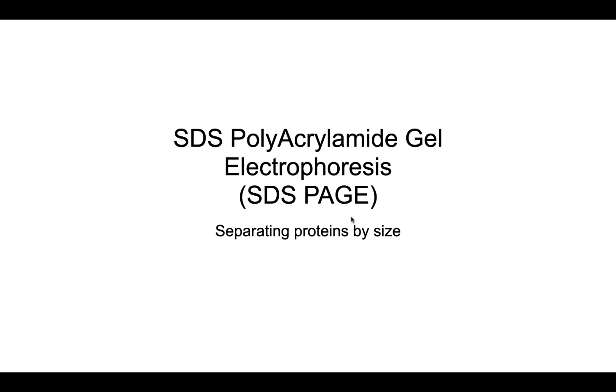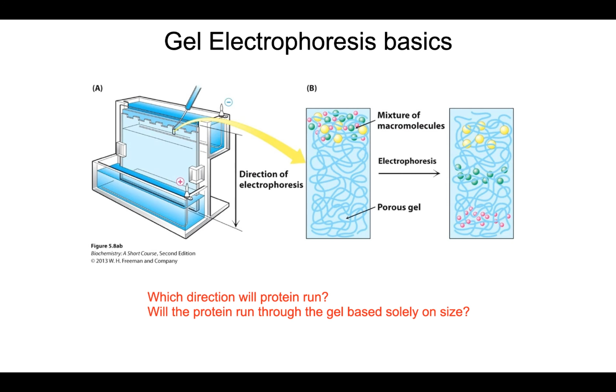That's a way to separate proteins by size. And now you have to have a fairly purified source of proteins in order to detect and see each one individually. So gel electrophoresis is a technique used to separate various types of molecules. You can use it to separate RNA.